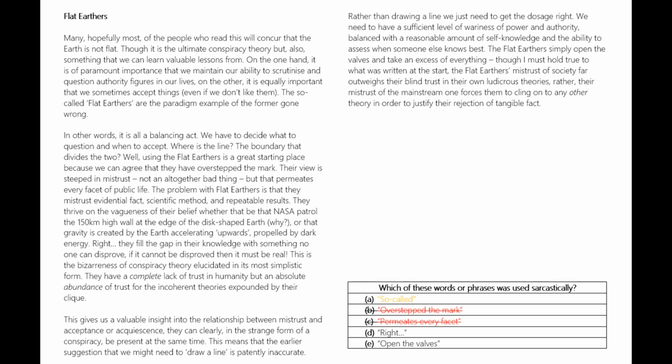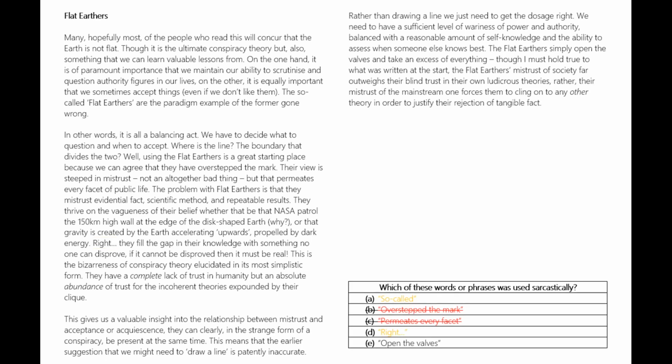Now, we've already touched on this word in the last question, and it certainly does seem like it's used sarcastically. The author begins by setting out a highly improbable theory on dark energy, which is described as bizarre. And having explained it, the author says, right, as if to say, really, or you can't be serious. Essentially, they don't quite mean what they say to be taken seriously. So this is probably what we're looking for.